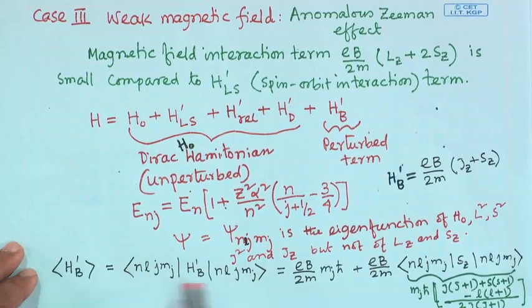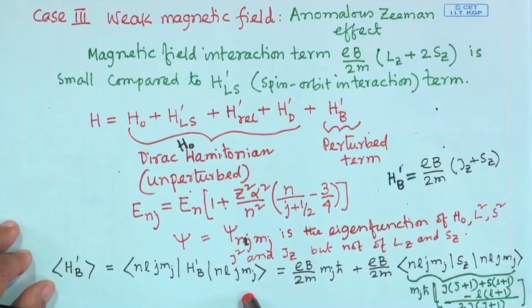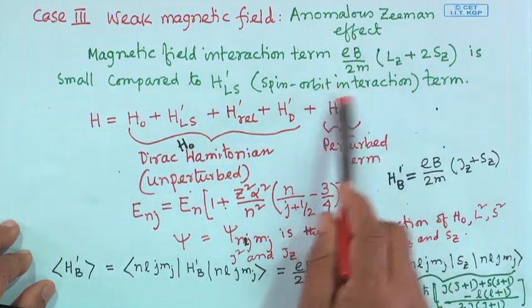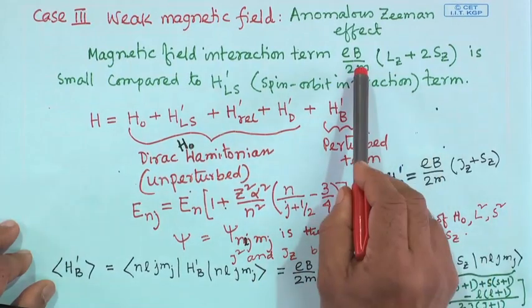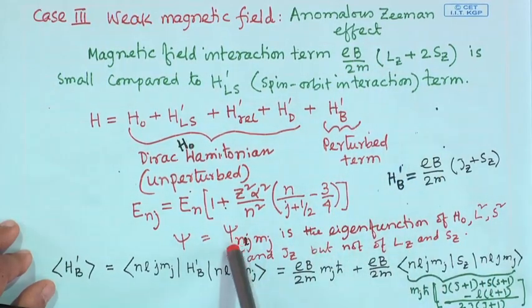One has to find out how to evaluate that. Now, if you put in the H dash term, I will get e B by 2 m times Lz plus 2 Sz. Since psi n l j m j is not the wave function for Lz and Sz, we have tried to convert it to Jz, because it is the wave function for Jz.